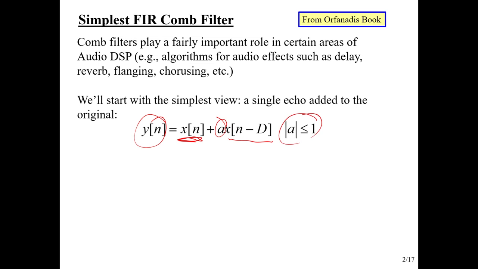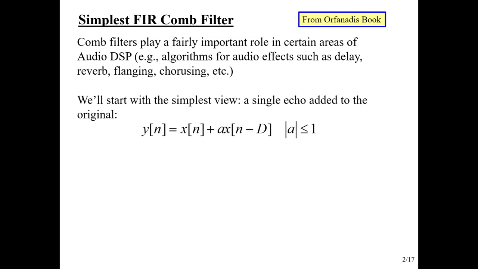In this setting, technically it can be larger than that. There's no technical reason why it can't be for this FIR version. But for audio, it's unusual to set A bigger than 1. That would be the case where the echo sounds louder than the original. Might be an interesting effect, but generally not something that we would want.